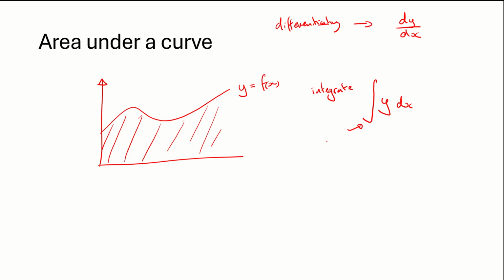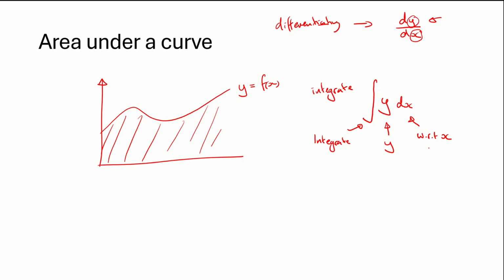So this sort of elongated s, if you like, is our integral, or the symbol for integration. So this tells me that I want to integrate the function y with respect to the variable x. So remember, here we wanted to differentiate y with respect to x.